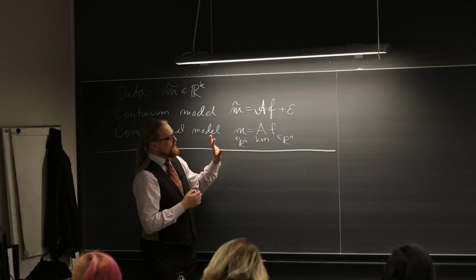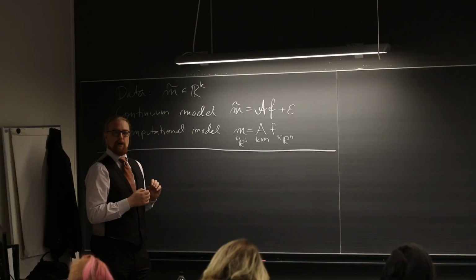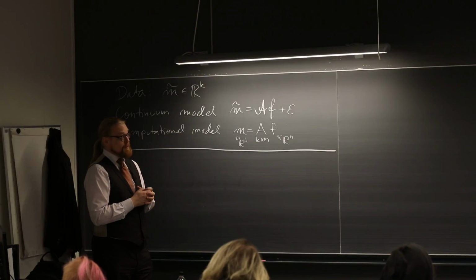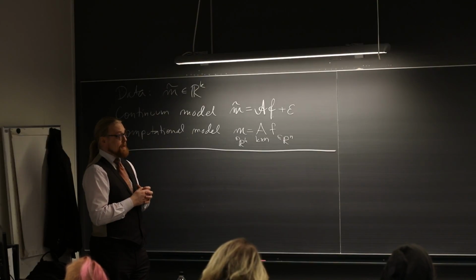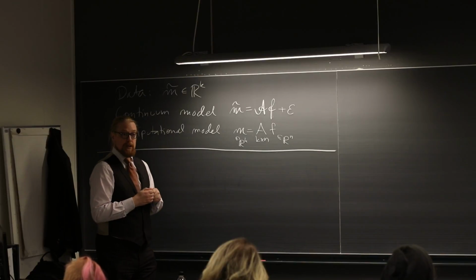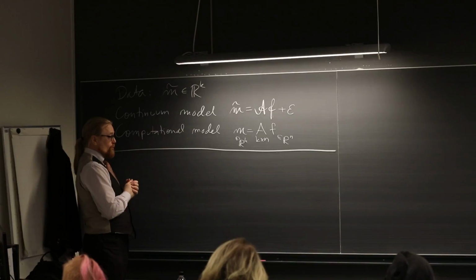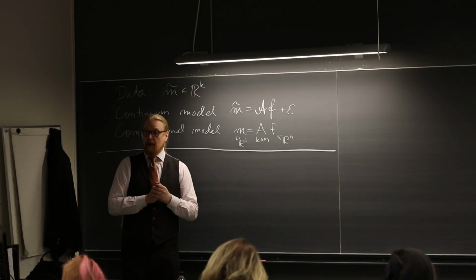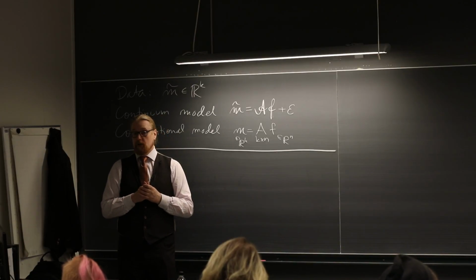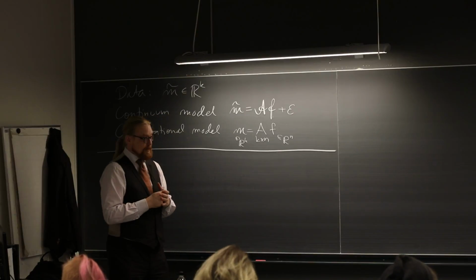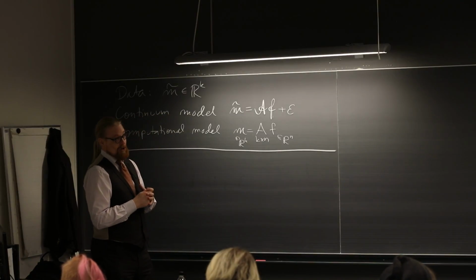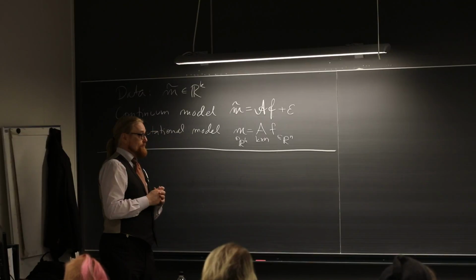So we can't really successfully apply some kind of least squares solution method. We need something that makes the inversion process robust against noise. So far, we have looked at truncated singular value decomposition and also Tikhonov regularization, both regular and generalized.